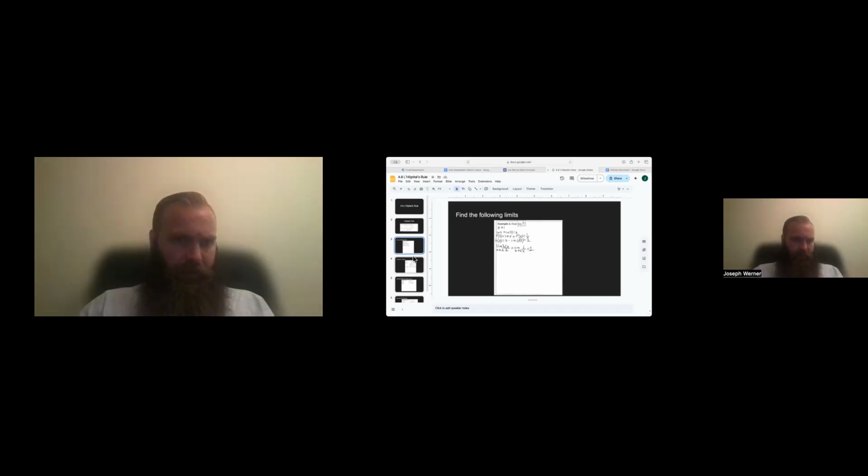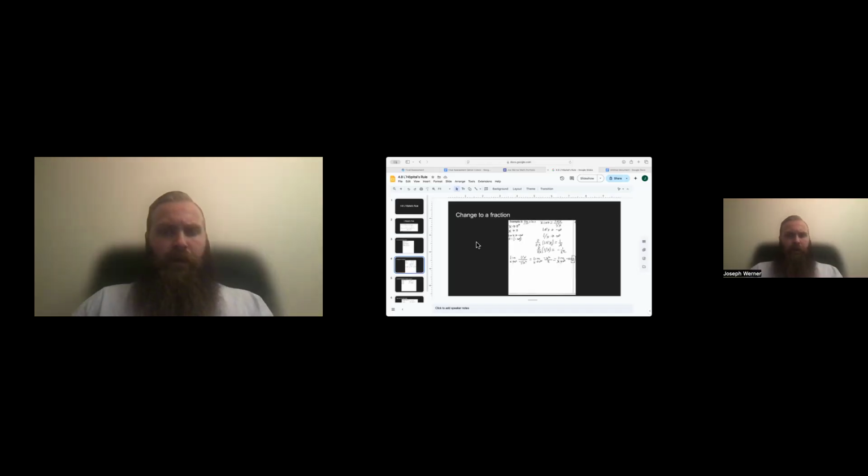Now, our next example, we're going to be changing it to a fraction. Here we're asked to evaluate the limit as x approaches 0 from the positive side of x log x.